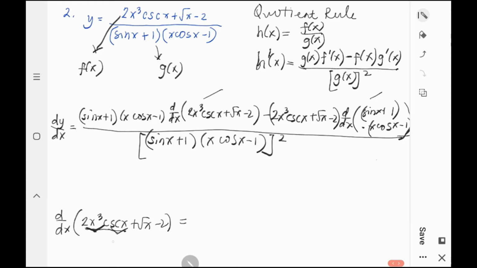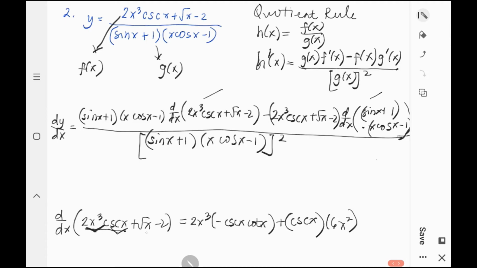For the derivative, you copy 2x cubed, and then the derivative of cosecant is negative cosecant x cotangent x, plus cosecant x multiplied by the derivative of 2x cubed. So you bring down 3, 2 times 3 is 6, and you subtract 1 from the exponent, so 3 minus 1 is 2. So you have x squared.